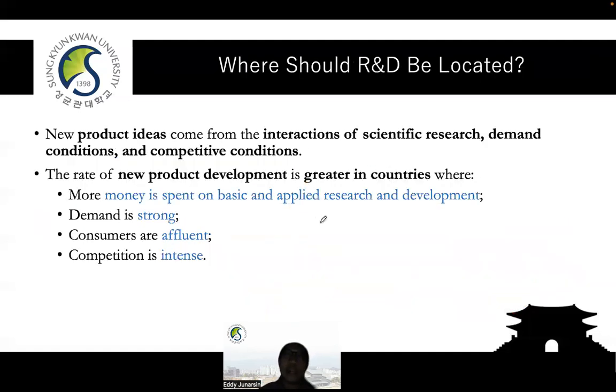So where should the R&D be located? Again, we talked about this in the global supply chain management, I think in the previous module.